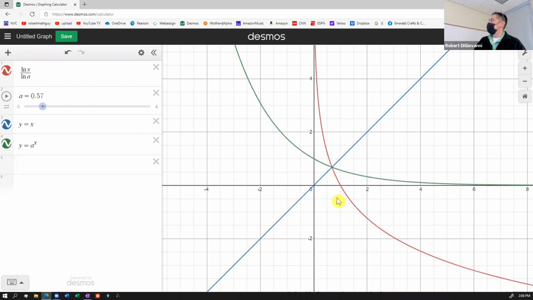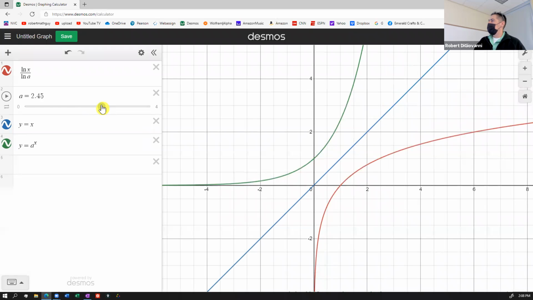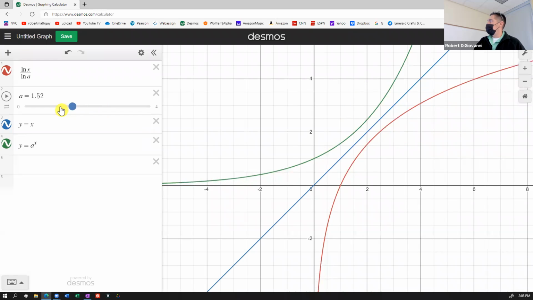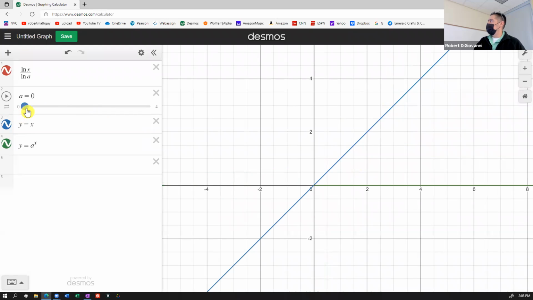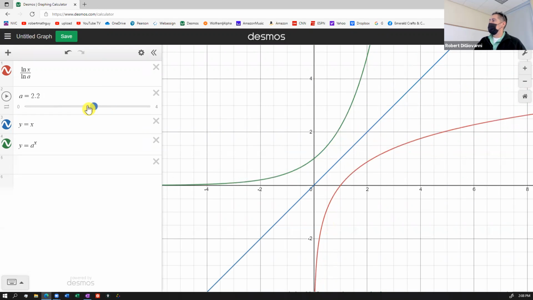Look what happened to the inverse, the log. Instead of increasing, it now decreases. Only focus on the red one. Decreasing, increasing. Decrease, increase, right?